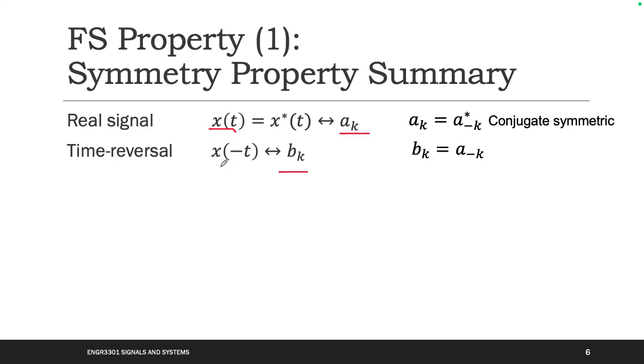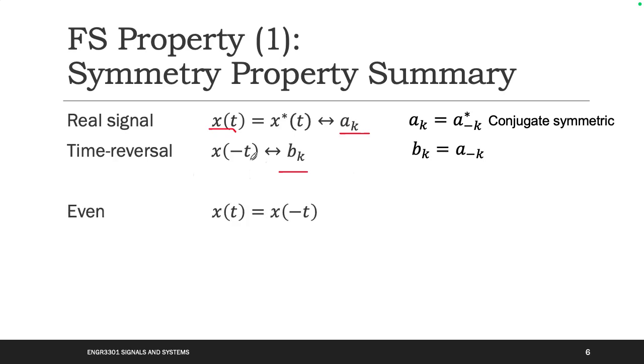This is just the conclusion. We proved it in the last class; if you review, you will see. What does that mean? It means if I know the FS coefficient of x(t), I can easily get x(-t)'s FS coefficient based on this property. That makes sense to you?